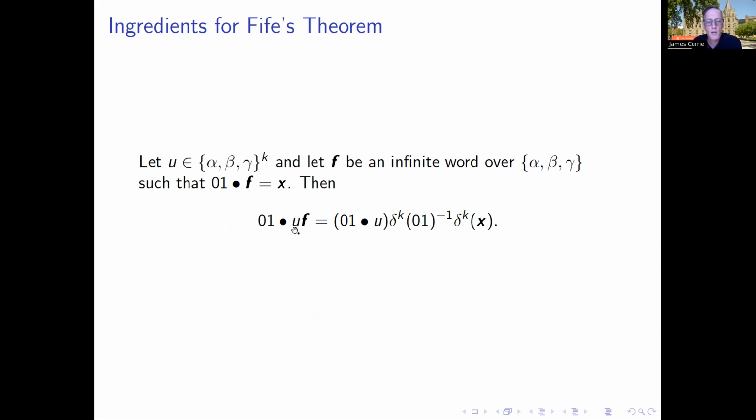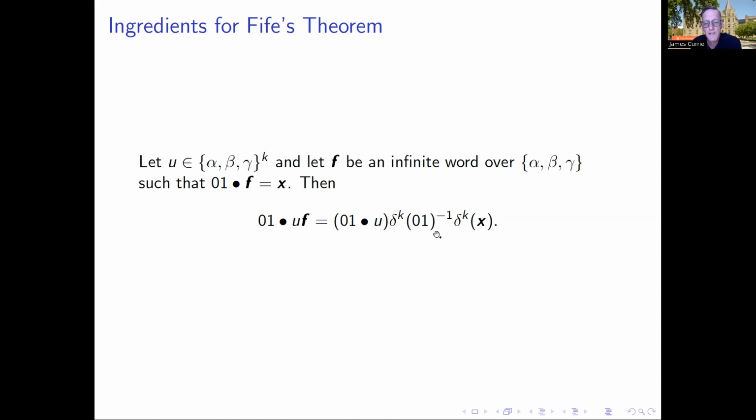When I apply the first letter of U to it, that gives me delta of 0, 1. Then I apply the second letter of U to that, and that gives me delta squared of 0, 1. And when I've applied all K letters of U, I end up with a delta to the K of 0, 1 as a suffix of 0, 1 delta U.